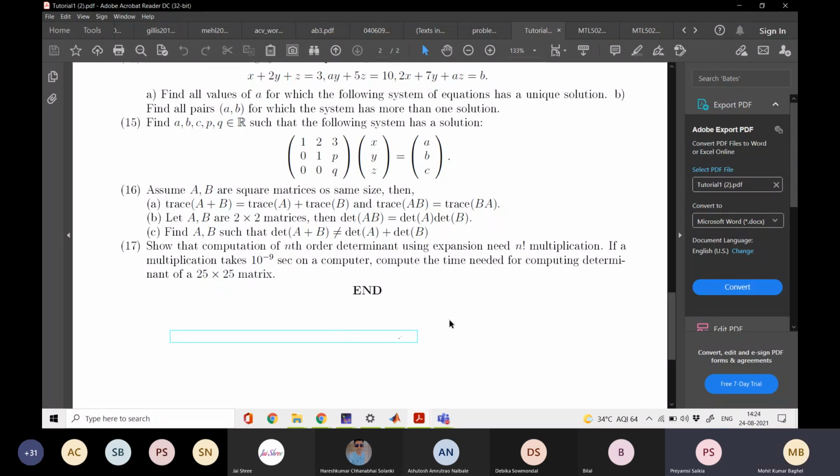So one row will contain n plus 1 elements, I am taking the row multiplication.